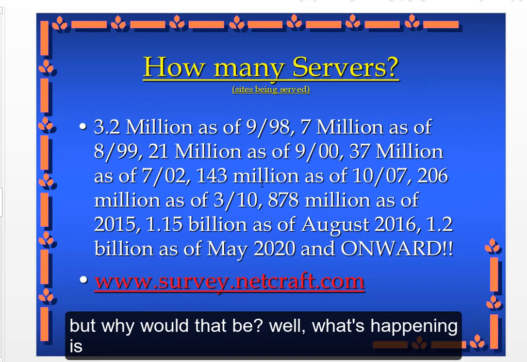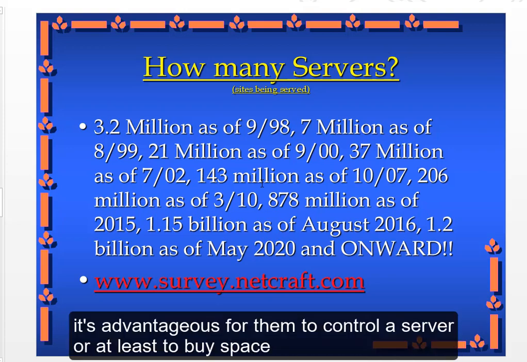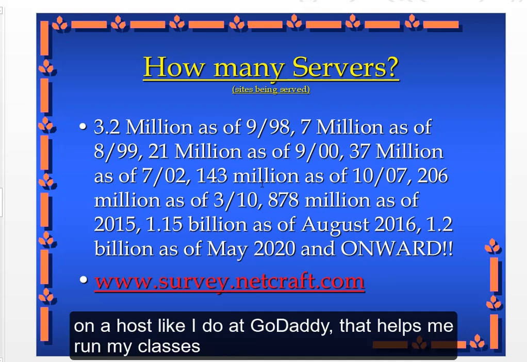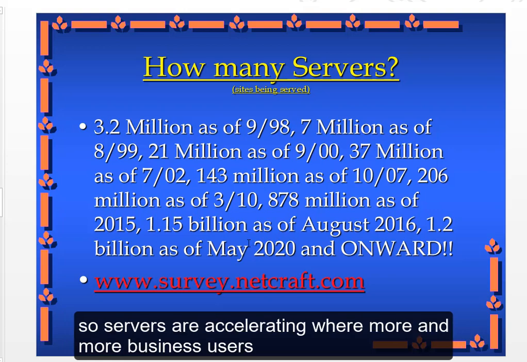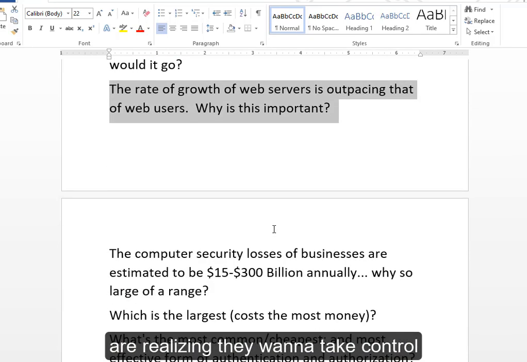Well, what's happening is people are starting to realize it's advantageous for them to control a server, or at least to buy space on a host like I do at GoDaddy. That helps me run my classes. So servers are accelerating, where more and more business users are realizing they want to take control.